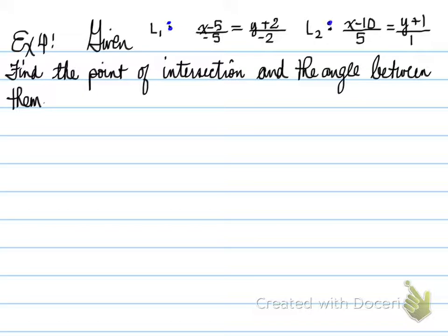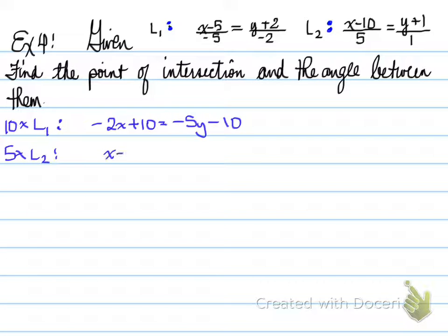So let's look at them. We take 10 times L1 so that we no longer have a denominator, and then we also look at 5 times L2 so that we no longer have a denominator.